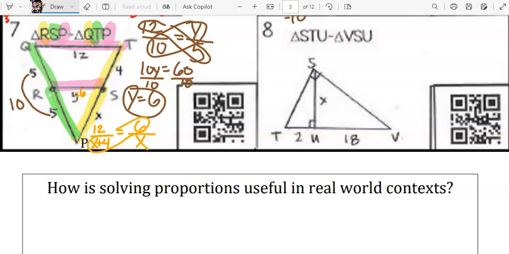Okay, cross multiply. 6x plus 24 equals 12x. Subtract 6x from each side. 24 equals 6x. Divide by 6 on each side. x equals 4.